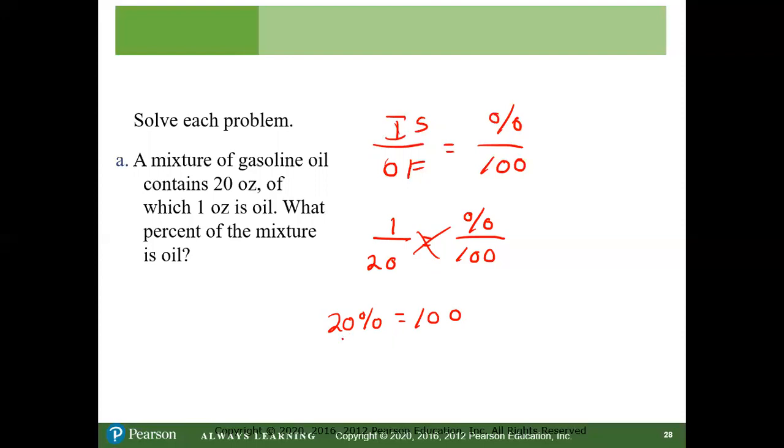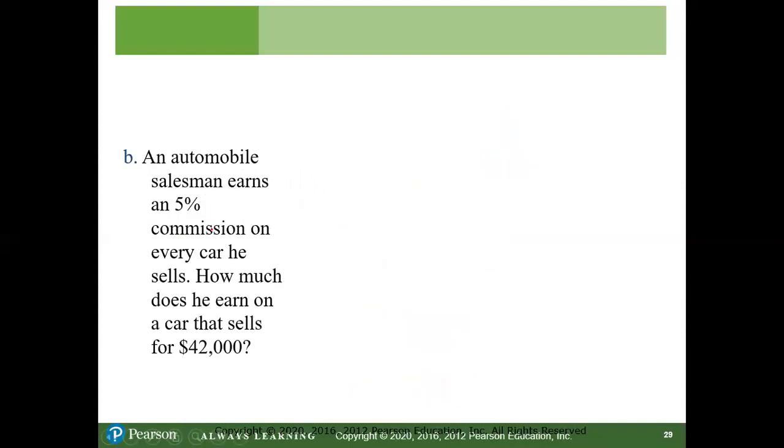And we divide by 20, and that gives us our percent, which is 5%. Technically, we should remove this percent symbol and make it our x, because that's what we're trying to figure out. So x is equal to 5%. That is what we're trying to find: the percent of the mixture.